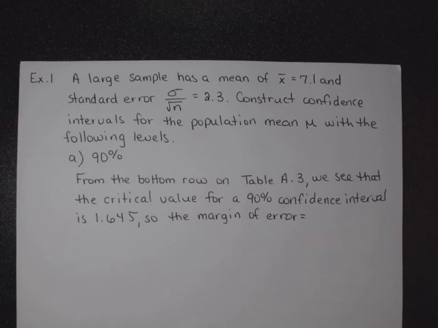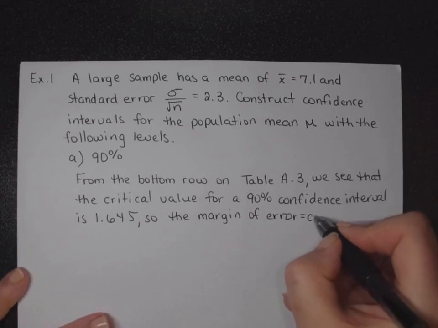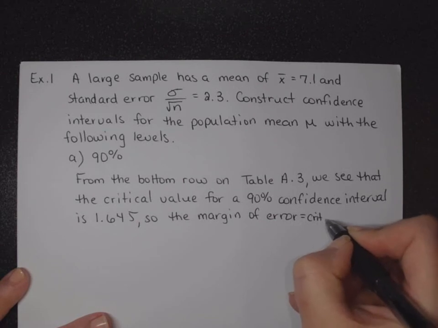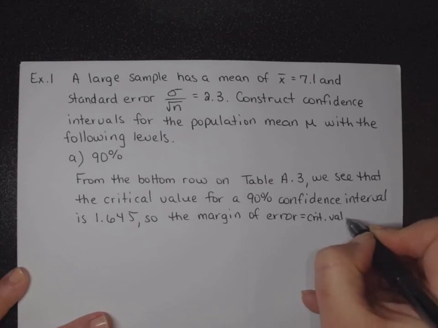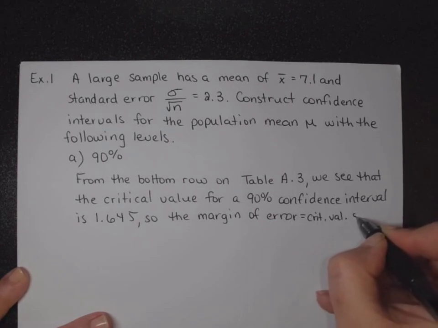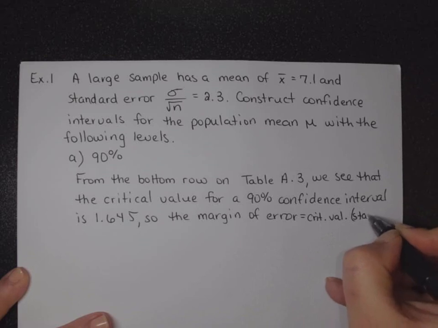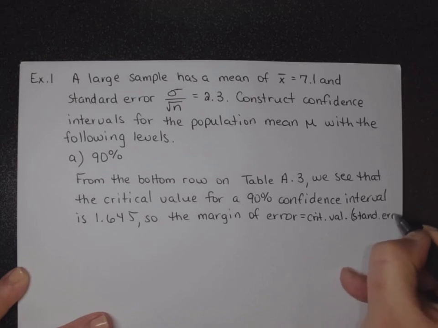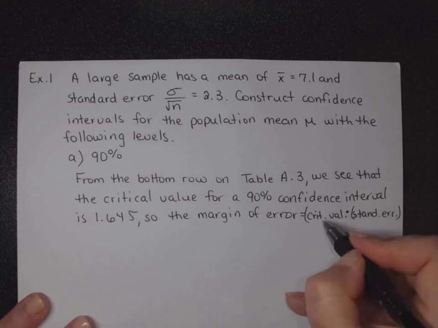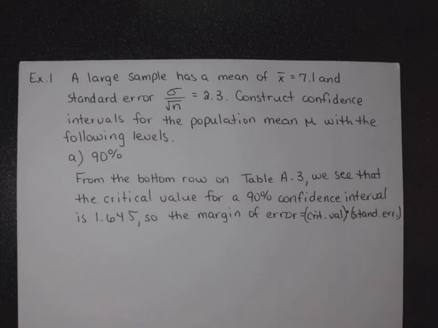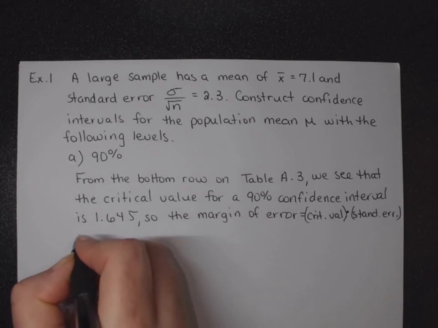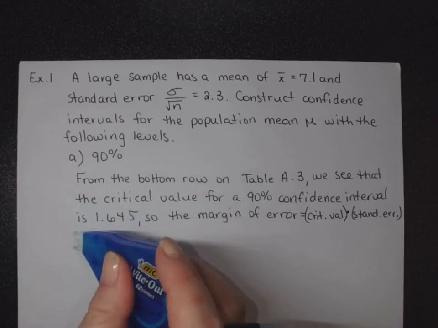Okay, so that's all we need now to find the margin of error. Okay, so remember the margin of error is going to be the critical value times the standard error. I'm abbreviating to try to fit it on one line. So here's my answer basically. Let's figure the margin of error first.